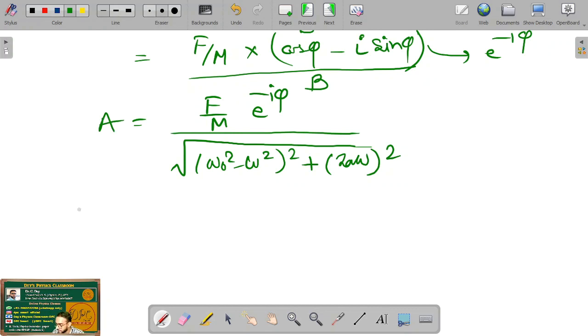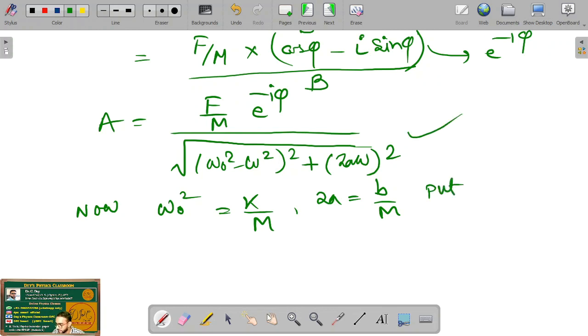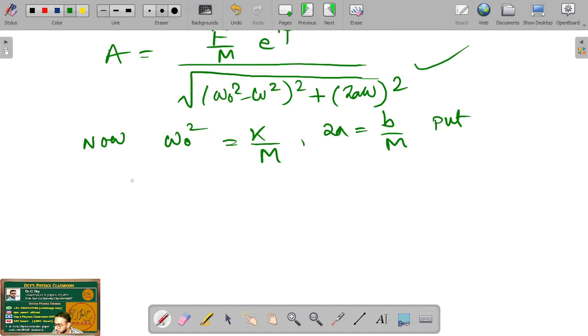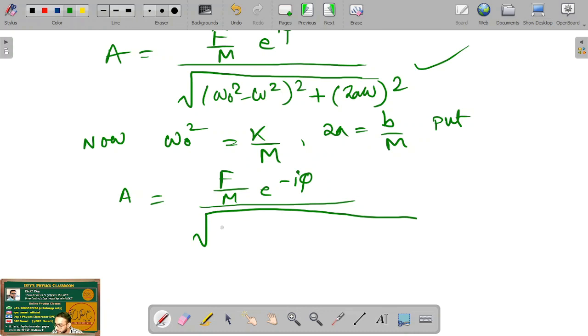Now we know ω0² equals k by m, which is the natural frequency squared, and 2a is b by m. So if we put these values here, we get the amplitude as F by m e to the power minus iφ divided by the square root of ω0², meaning k by m, minus ω² whole square plus b by m ω whole square.